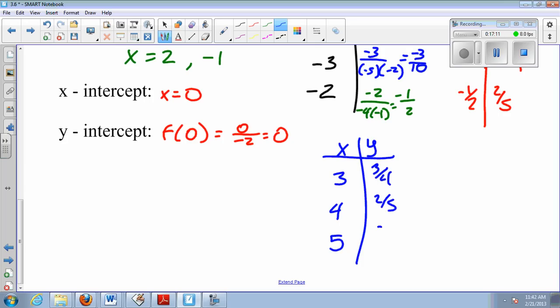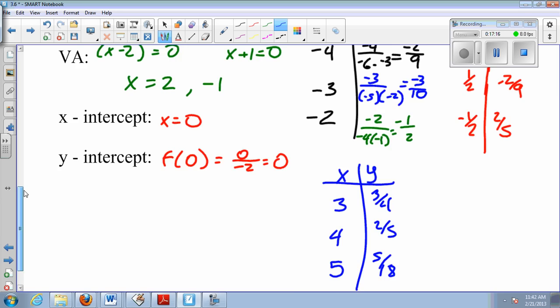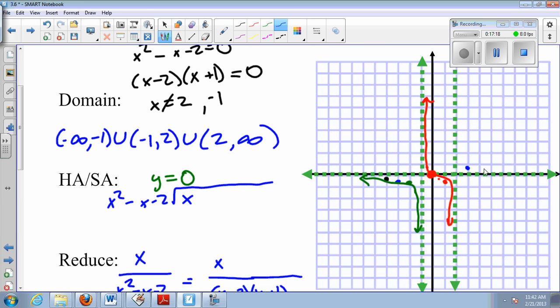And 5 is going to go to 5/18. So we can draw our hyperbola. Even with more sections from left to right, it's still the last two are opposites.